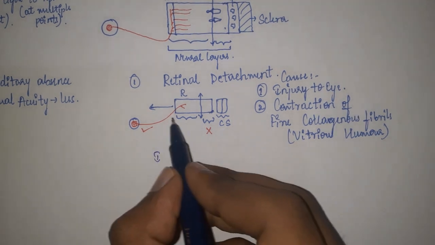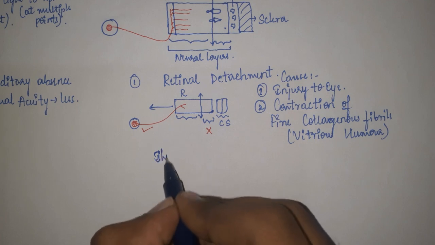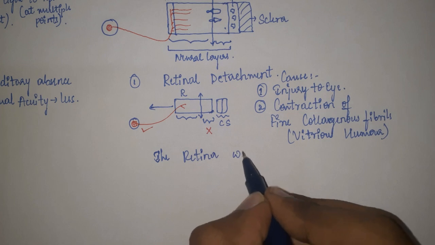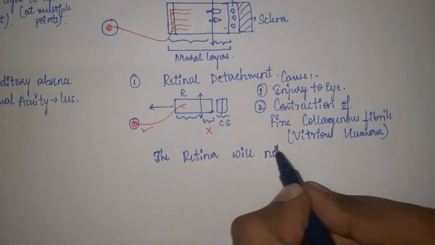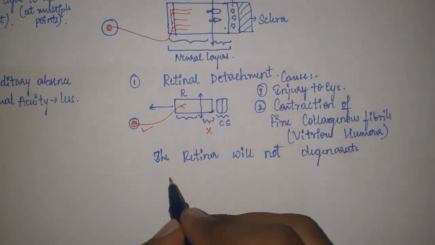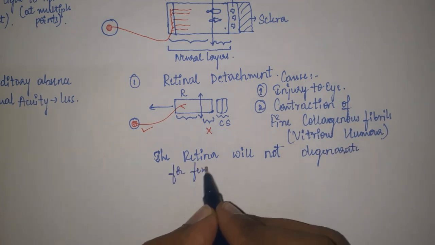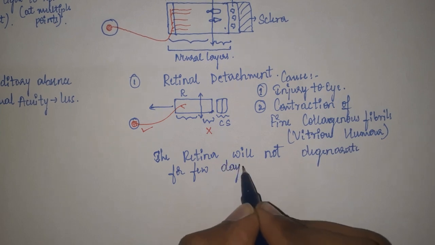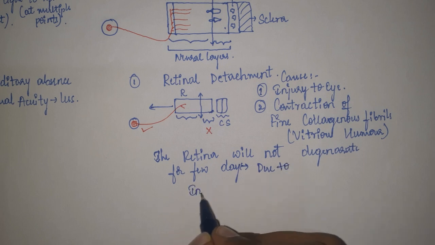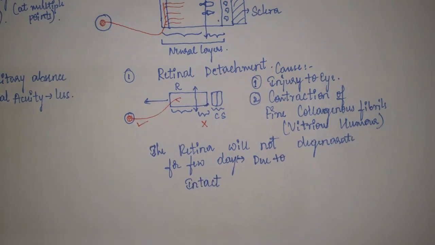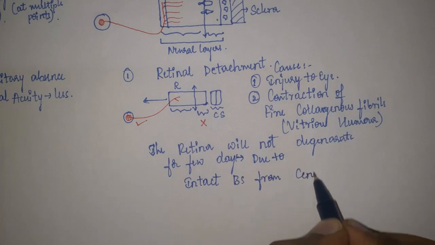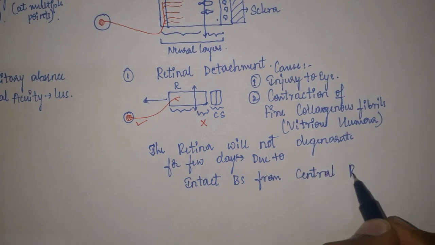The retina will not degenerate for a few days, due to the intact blood supply from the central retinal artery.